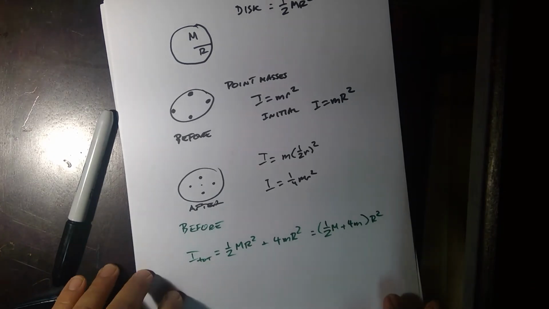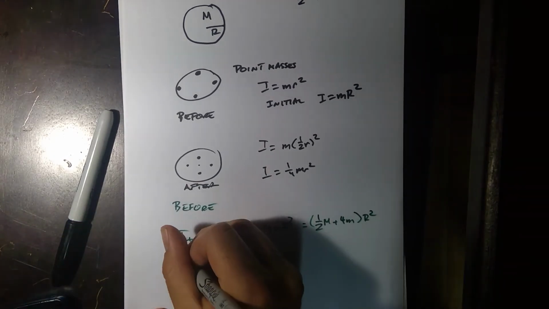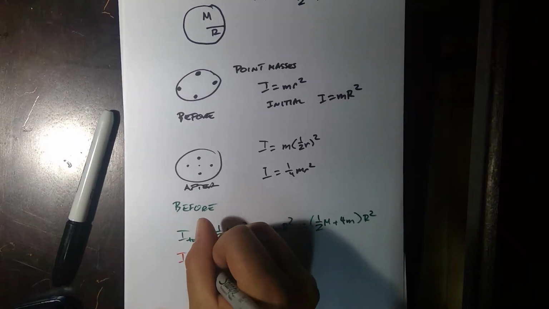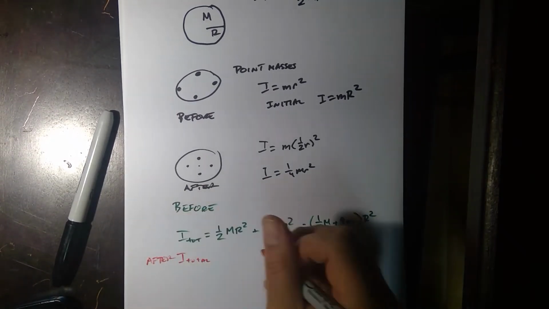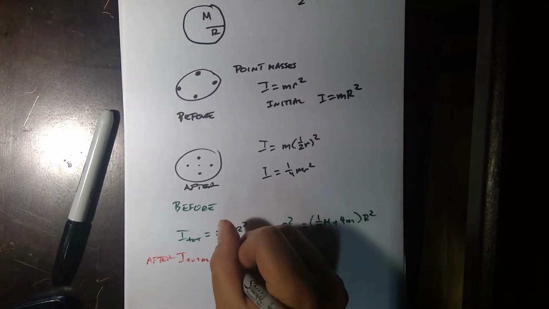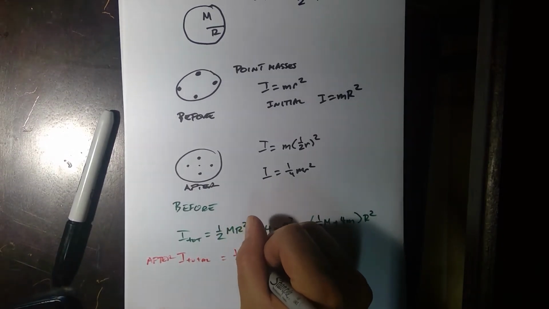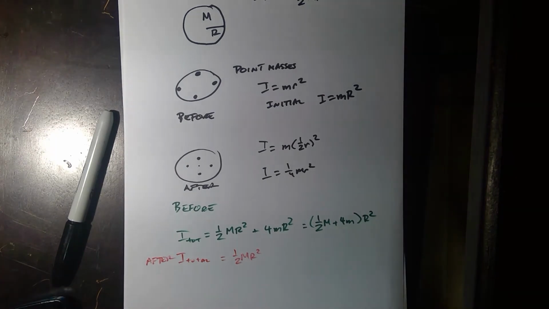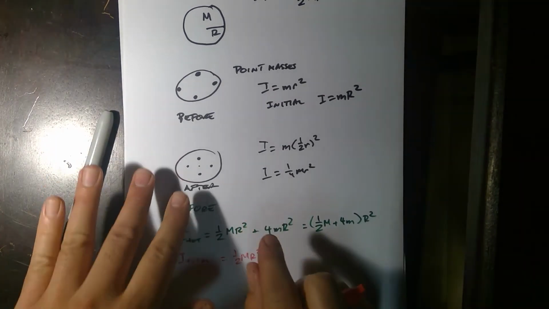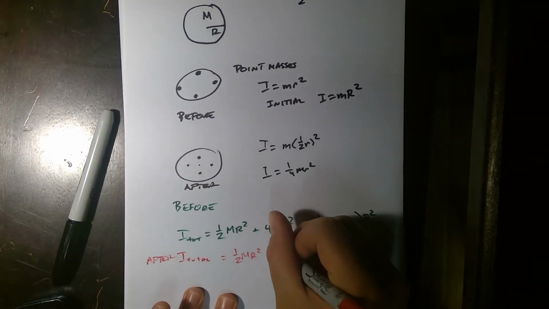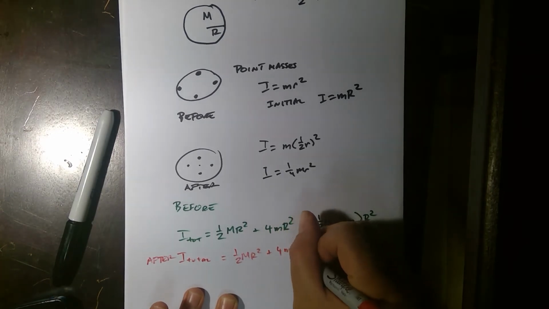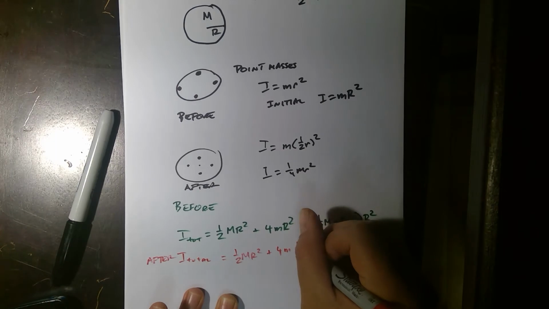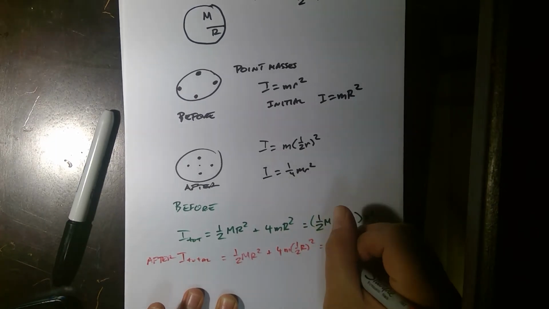Afterwards, it's going to be different. They've moved in. The disk is still the disk, same radius, same mass, but the people are now much closer to the center. So you have 4 m times 1/2 r, squared.